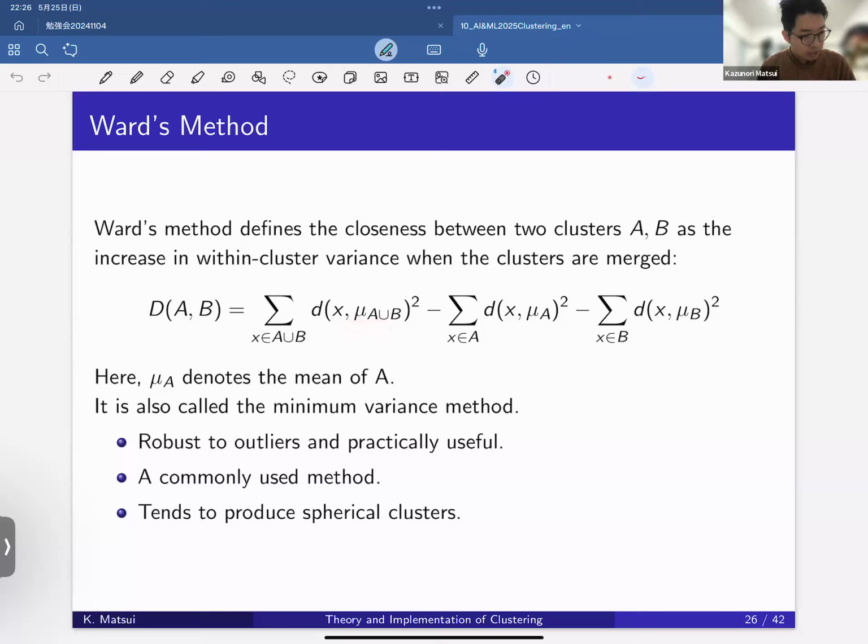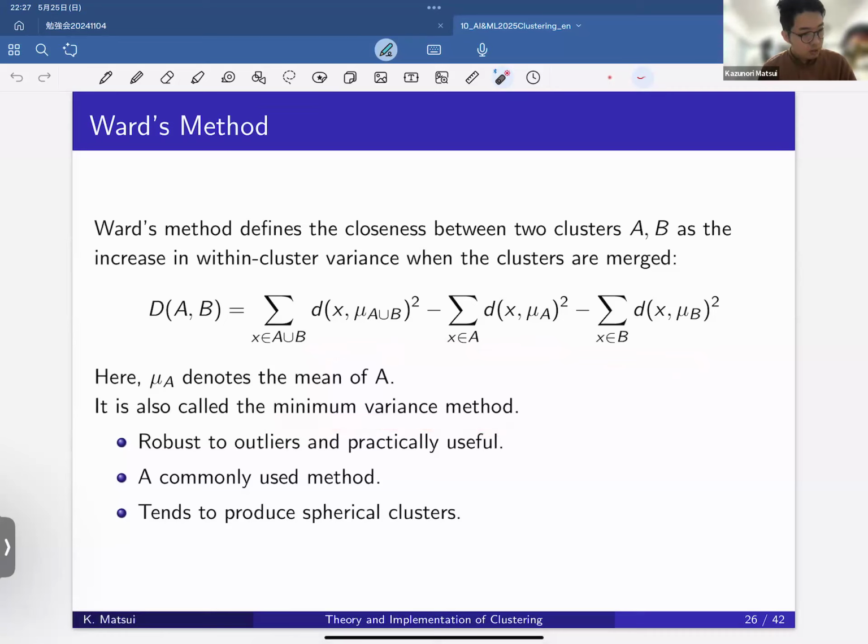We calculate the sum of squared distances from the mean when A and B are combined, then subtract the sum of squared distances from data in A to the mean of A, and the sum of squared distances from data in B to the mean of B. This is also called the minimal variance method.